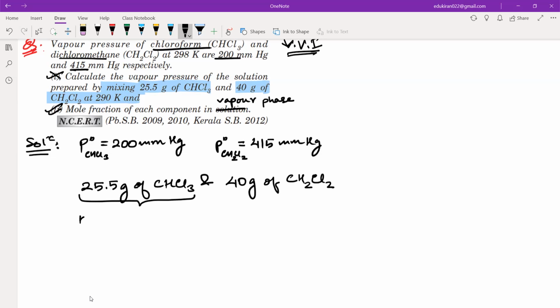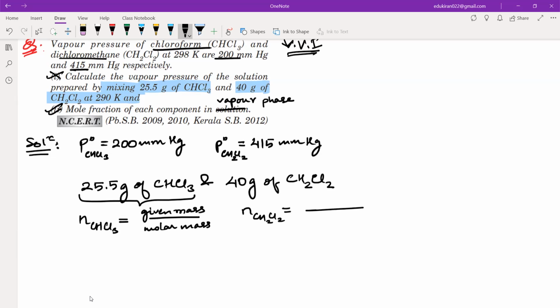number of moles of CHCl3, which will be equal to the given mass divided by molar mass of CHCl3. Similarly, we can get the number of moles of CH2Cl2. Kaise?